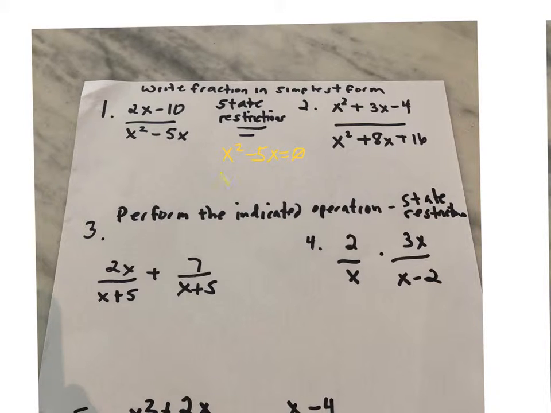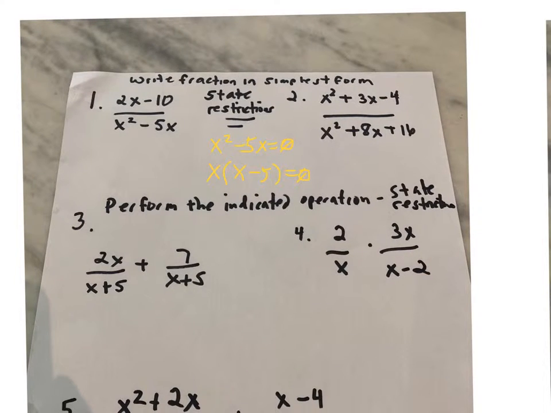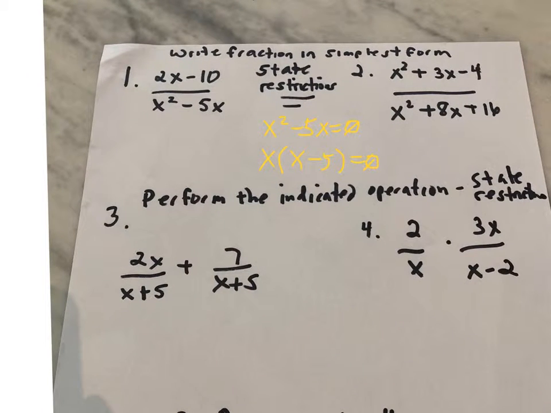So in order to solve this, it would be x factored out, so you have x times x minus 5 equals 0. Hopefully y'all can see that x is not allowed to be 0 and x is not allowed to be 5. So we can say x cannot be 0 or 5.